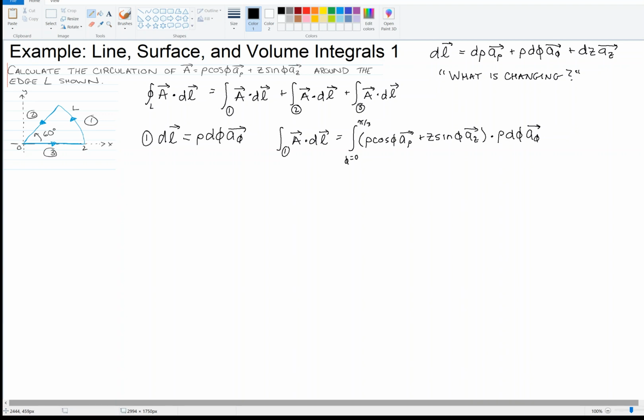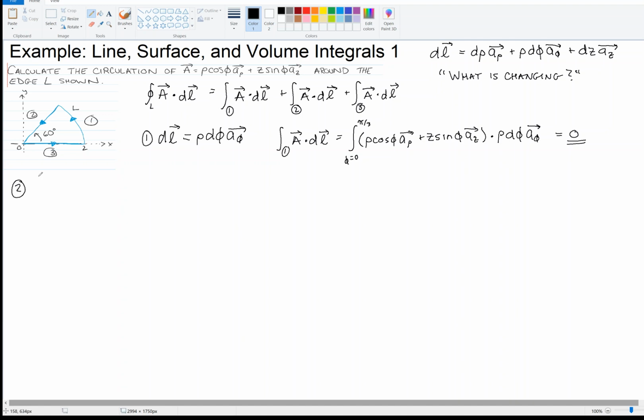So a phi dotted with a z is also 0. So this integral is just 0. You've got to understand that those unit vectors are all orthogonal, so when you take the dot product of any of those different unit vectors, you get 0. All right, moving along.